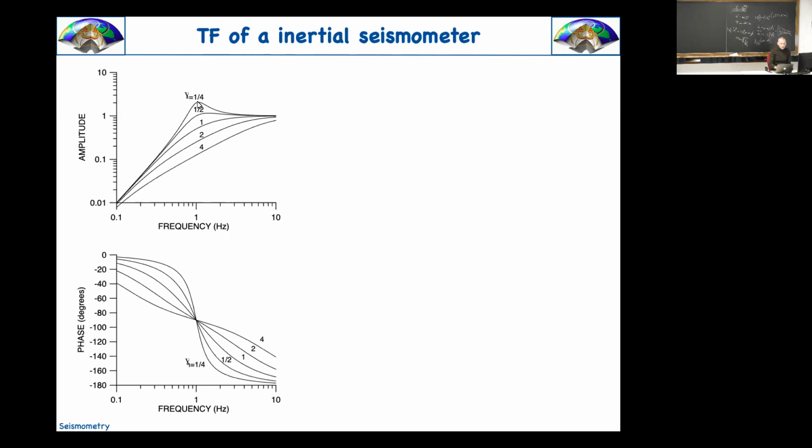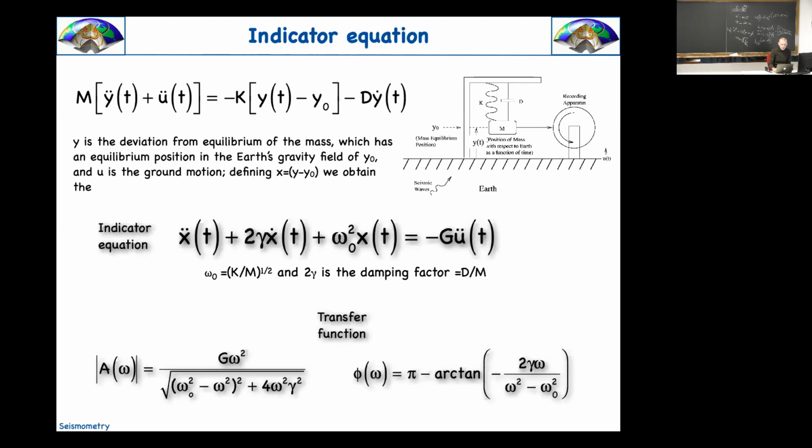The amount of amplitude that we can measure depends on the damping. In principle, in this expression here, if we put zero damping, but that's not nature, that's an idea, we get an infinite response when we go at omega 0. You can imagine making the experiment with a friend on a swing.